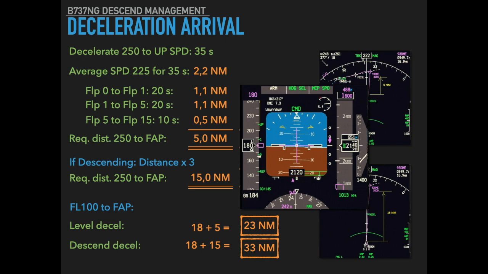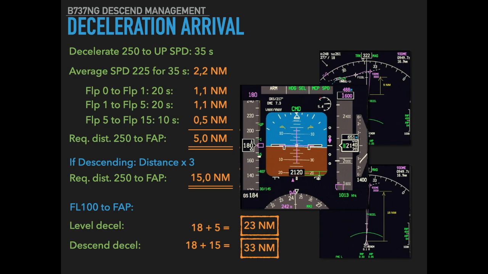From the assumption that it will take you 5 miles or 15 miles to decelerate from 250 to 180 knots, you can operationalize by approximating 1 mile per 10 knots, times 3 if you are descending. By doing so, you can monitor if the ATC instruction poses a problem for your approach.